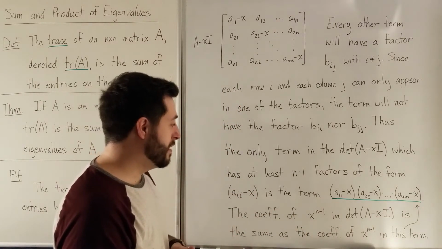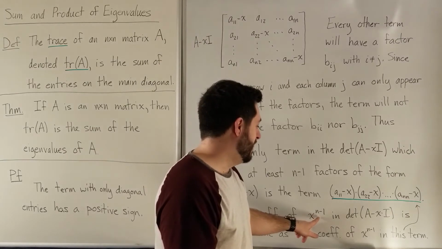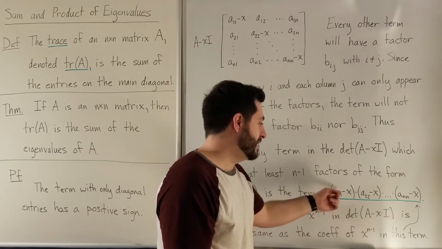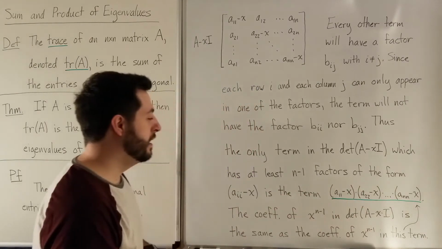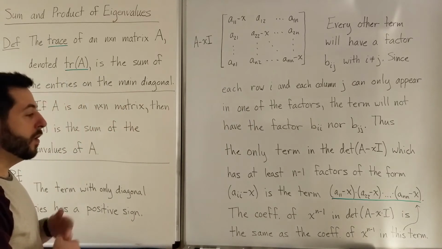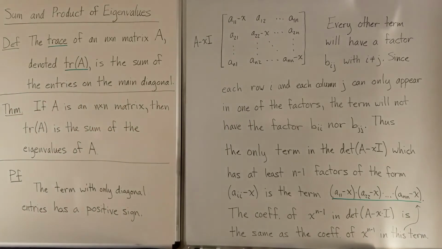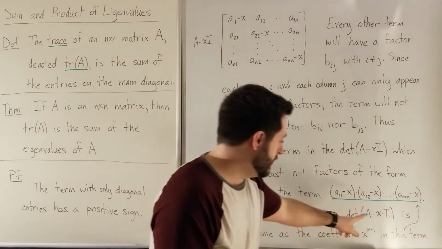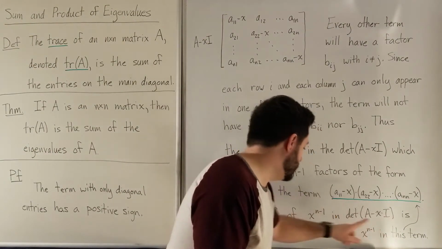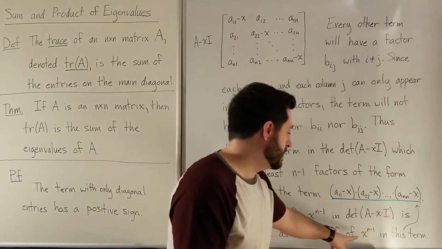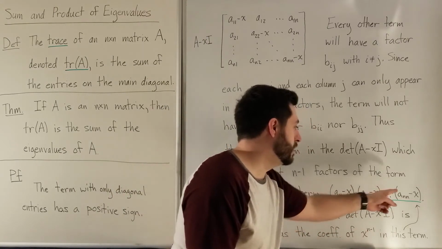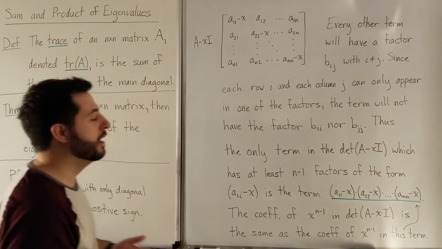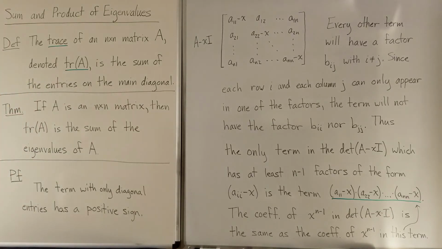And there's only one term that has degree that's at least n minus 1, and it's this term, which has degree n. And we're only going to look at that term. So the coefficient of x to the n minus 1 in the characteristic polynomial is exactly the same as the coefficient of x to the n minus 1 in this one term, because that one term is the only one contributing to the coefficient.